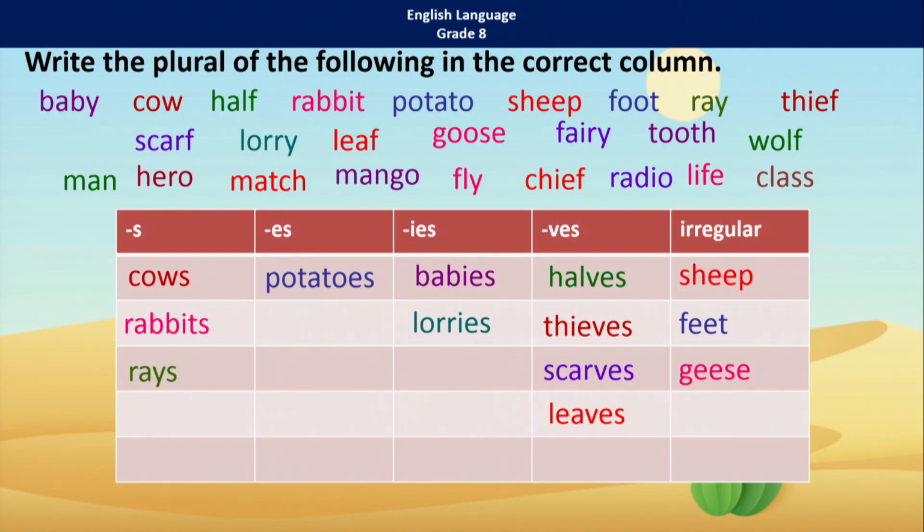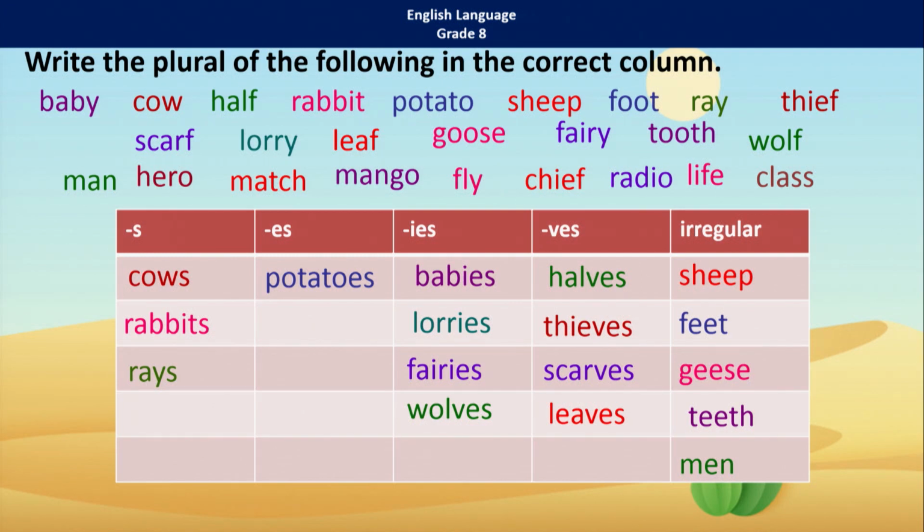Geese. Irregular. Goose, geese. Fairy, fairies. Y is dropped and IES is added. Tooth, teeth. Again irregular. Wolf, wolves. F is crossed off and VES is added. Man, men. Irregular. Hero, heroes.